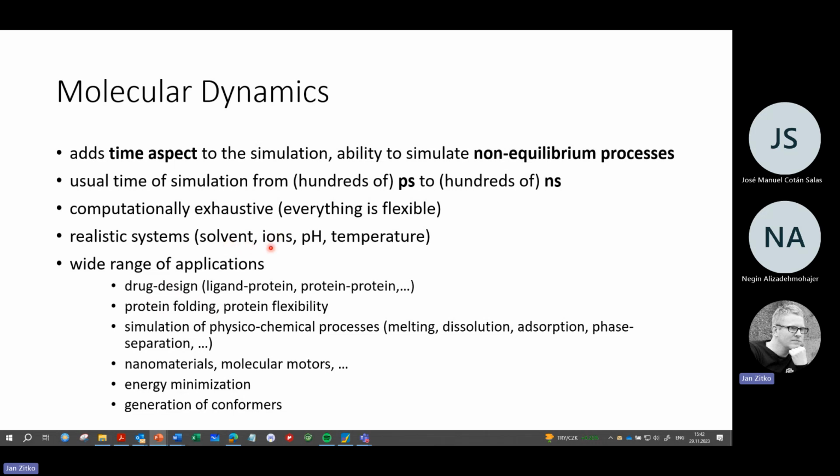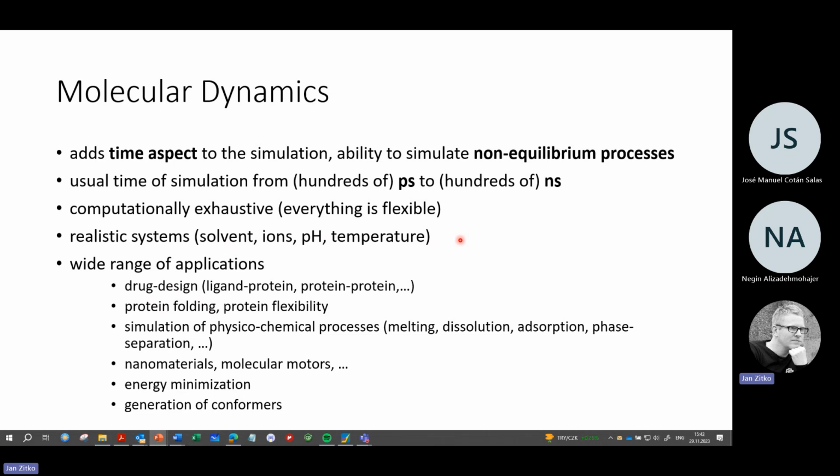We can set up the ionic strength, so we can put there the correct concentration, let's say, of sodium cations, chloride anions, potassium cations, and so on. We can balance the pH of the solvent. We can control temperature, but also pressure. Therefore we can set up the proper density of water or other solvent we would like to use. So we are trying to make it really realistic.